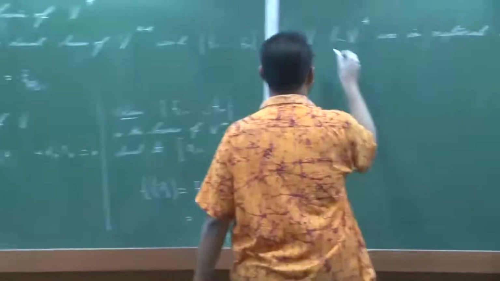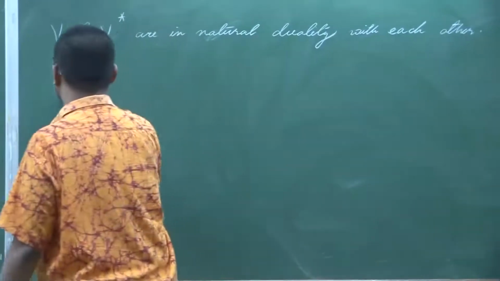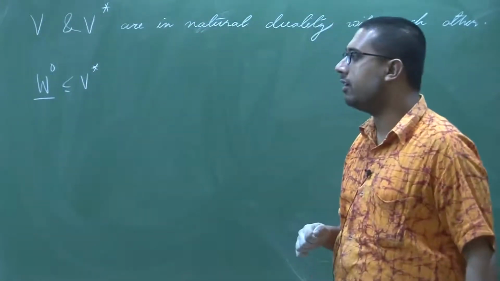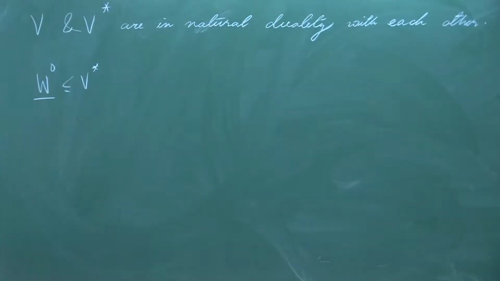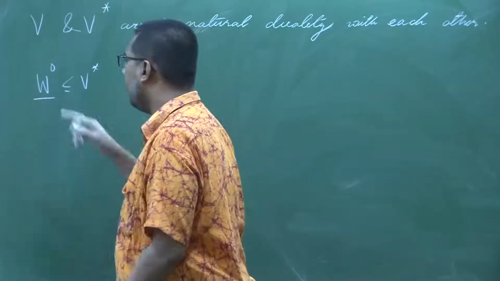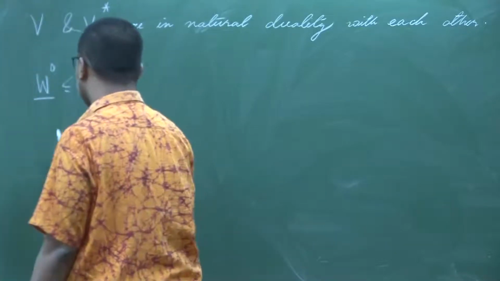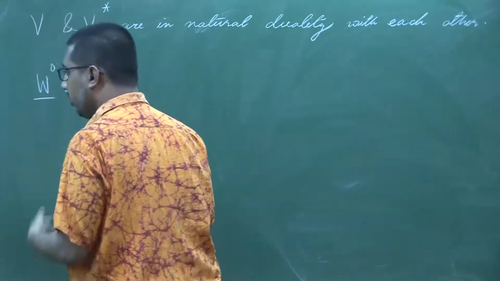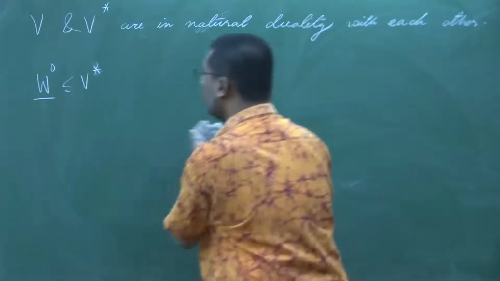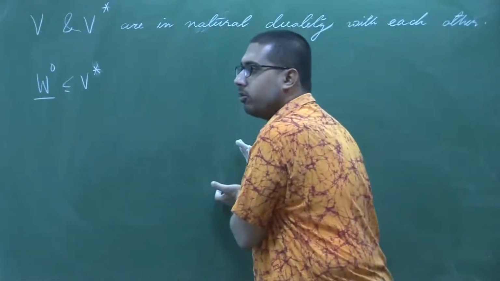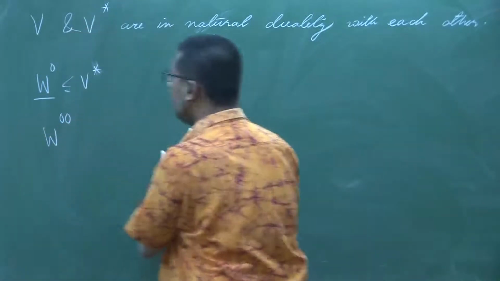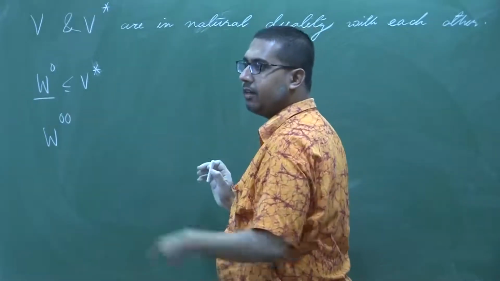Now we come to the problem that suppose W star, a subspace of V star, is given, and you would like to find out W. Let me first look: from a subspace W we can go to W naught, which is inside V star, and then it makes sense to go inside V double dual, which is the same as V by that identification.